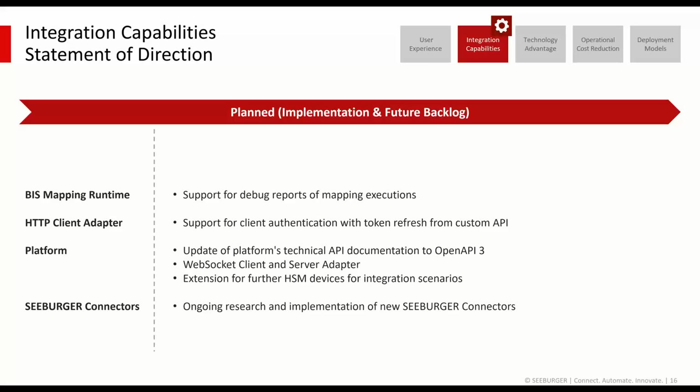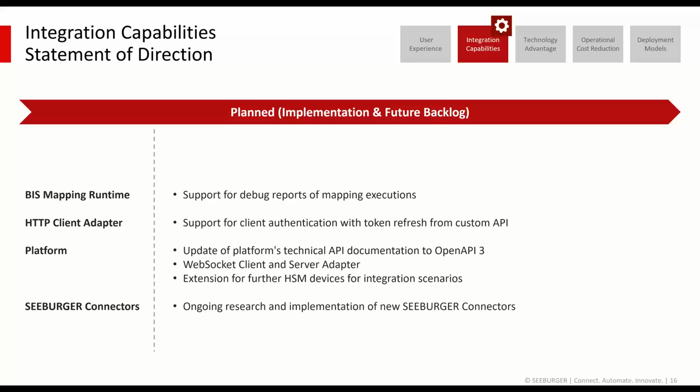We're making some enhancements also for client authentication in the HTTP client adapter. This is interesting for those types of APIs that don't use, let's say, standardized authentication mechanisms like OAuth and similar, but still rely on a token and a token refresh. So they may have a custom API that allows pulling a token, and maybe a custom API to also refresh the token.